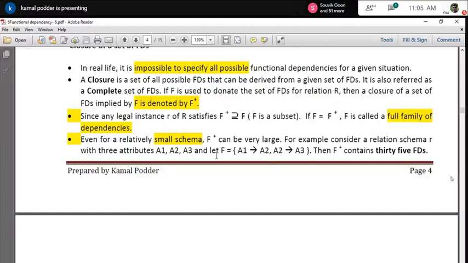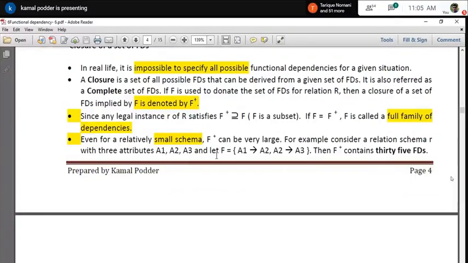The closure is the set of all possible FDs that can be derived from a given set of FDs. That means I have given a set of FDs; if you can derive all possible FDs from the set, then you will get another bigger set. That is called the closure of those FDs.